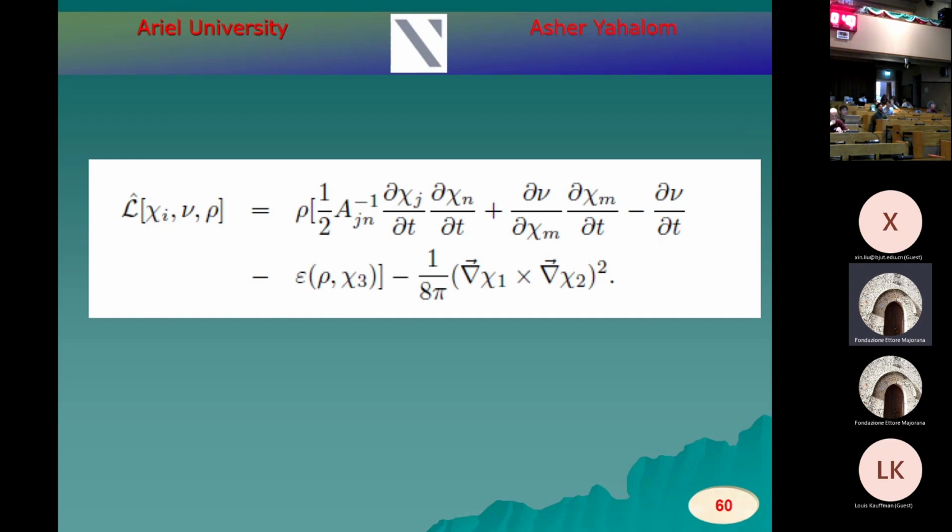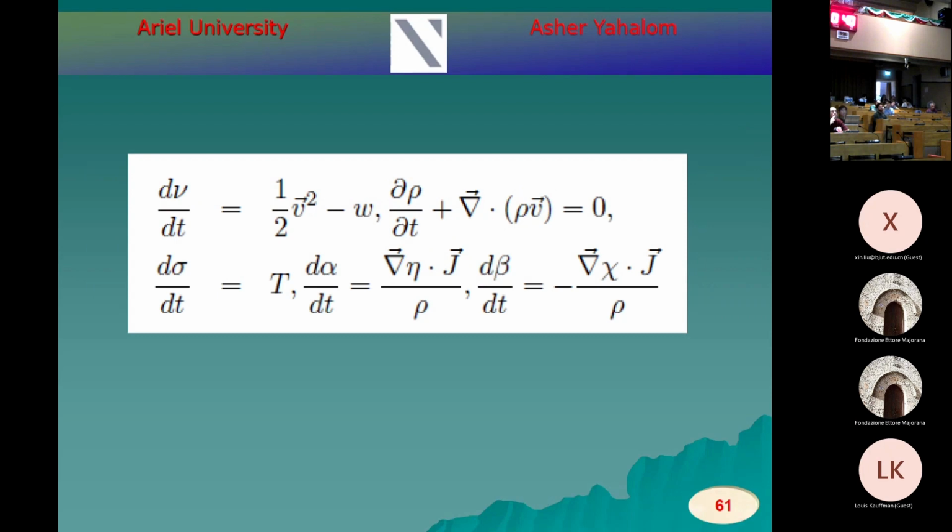And it contains only 5 functions in explicit way. And if you do the variational analysis, those are the equations you have. And of course, by construction, chi, eta, and s are comoving.